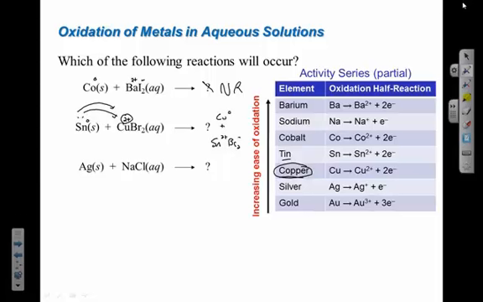Silver, if I have silver jewelry and I expose it to salt, will it react? No, it shouldn't react. And I know that because sodium, if it starts with a positive, is much better at losing electrons than the silver, which is closer to the bottom of the table. So the sodium has more loosely held electrons than the silver.